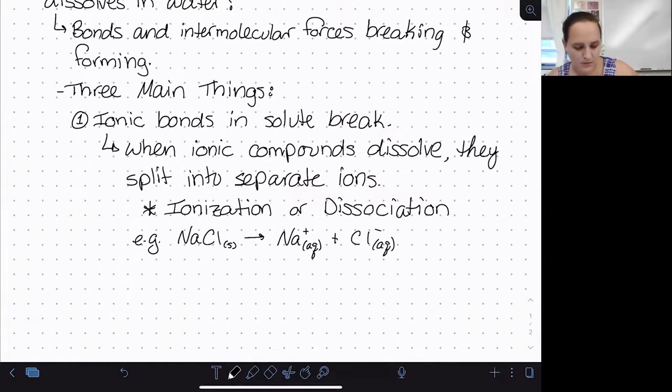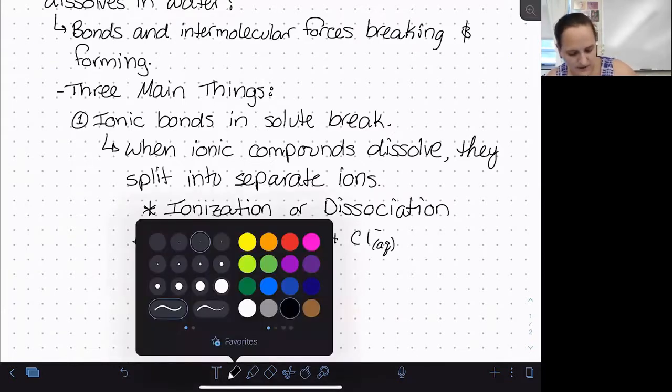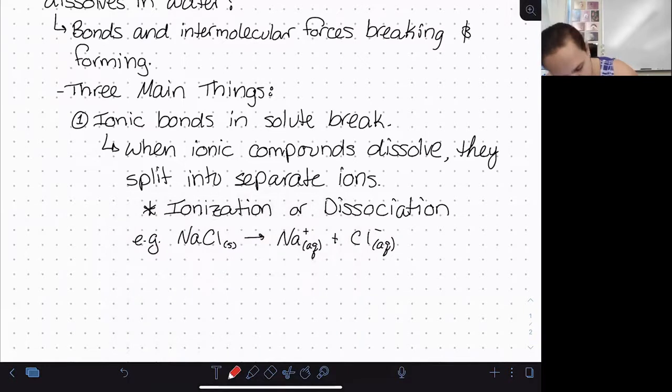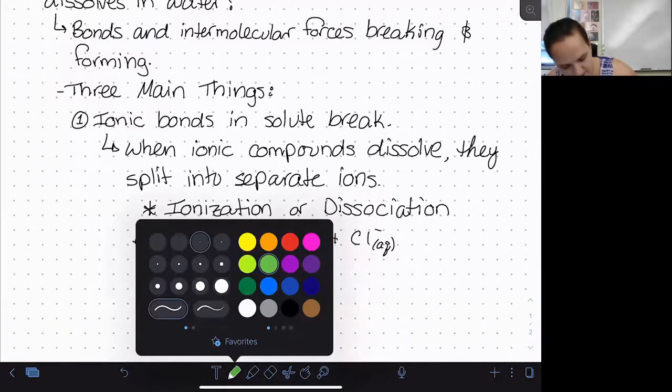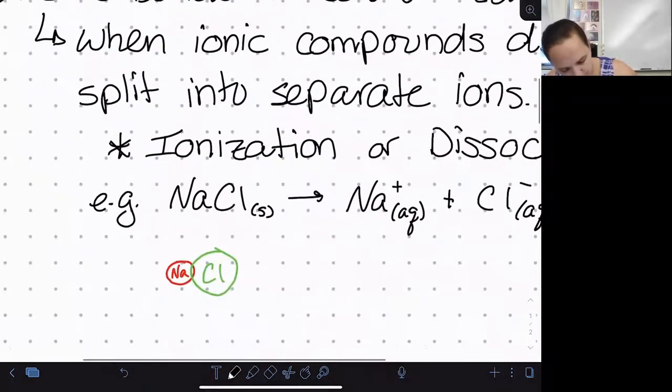So if we think about what that means at the molecular level, if we have a sodium ion and a chloride ion in the solid state, these are connected by an ionic bond.